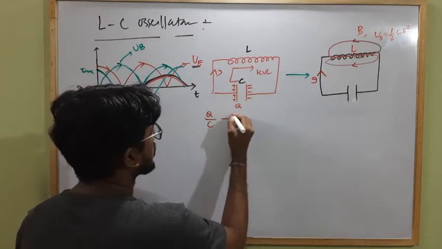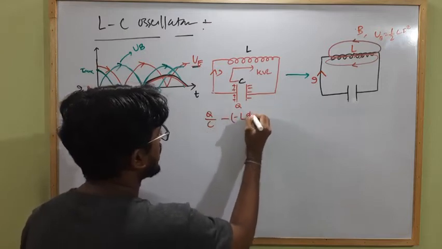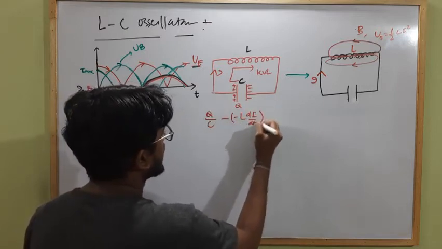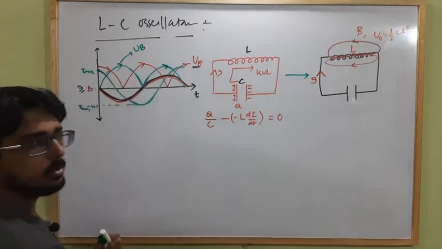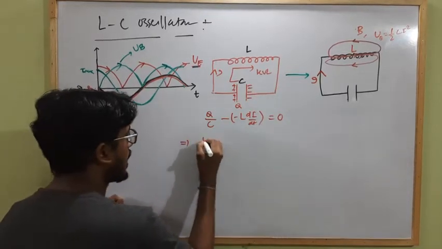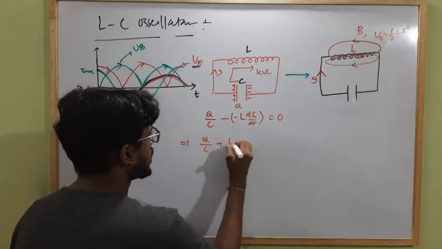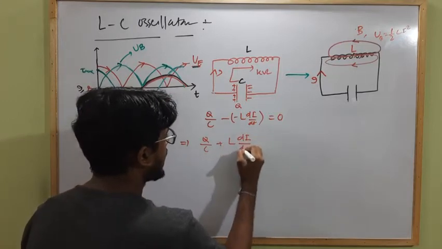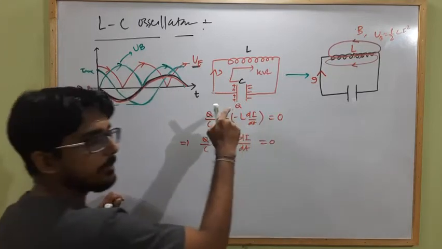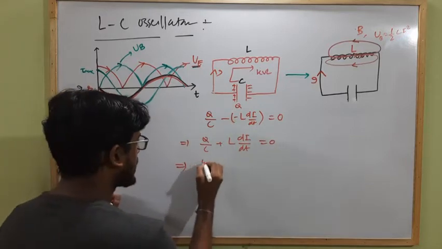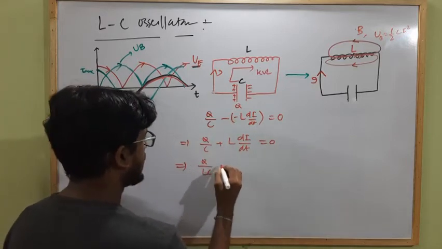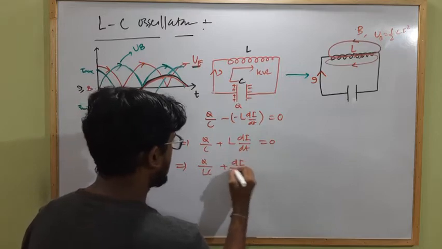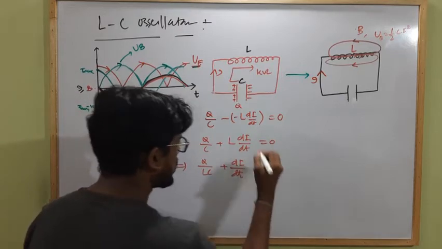Applying KVL, minus L into di by dt equal to 0. So you can write Q by C plus L into di by dt equal to 0 according to KVL. So this can be written as Q by LC plus di by dt equal to 0.